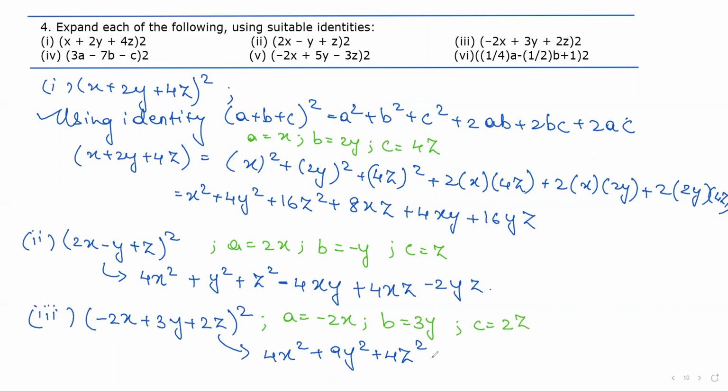Now a is negative, so minus 2 times ab: x into y, 2 into 2, 4, 4 threes are 12, so minus 12xy. Plus 2 times bc, both are positive, so plus 2 times yz, 2 into 3, 6, 6 twos are 12, so plus 12yz. Plus 2 times ac, a is negative, so it is minus 2 into 2 is 4, 4 into 2, 8, so minus 8xz.